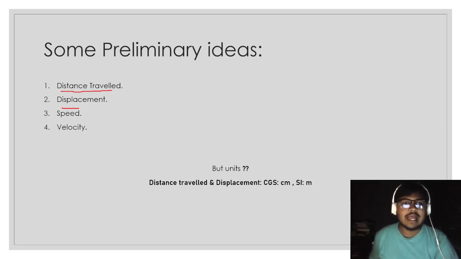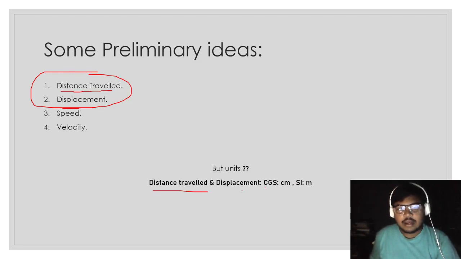So displacement and distance traveled are quite similar, but displacement is always less than or equal to distance traveled. So these two must share the same unit. In CGS, the distance traveled unit is centimeter and displacement also has the same unit, centimeter, and in SI both have the same unit, meter.